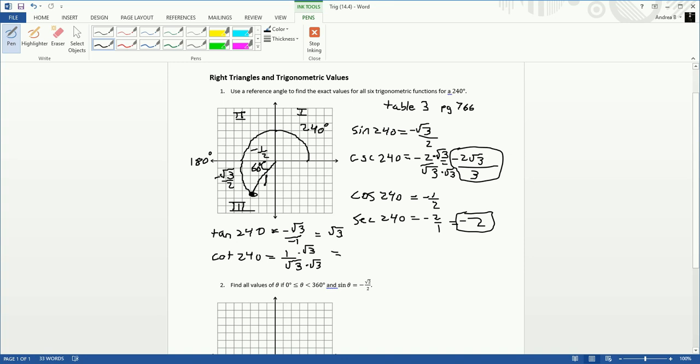So then that's how they get that answer there of the square root of 3 over 3 for our cotangent function. So all of those reciprocal functions I have boxed in the answers. The sine, cosine, and tangent are similar to what you'll see in the chart there in that table 3. Some of those are just the opposite signs since we are down in quadrant 3 instead of quadrant 1 like you would have for a 60-degree angle.